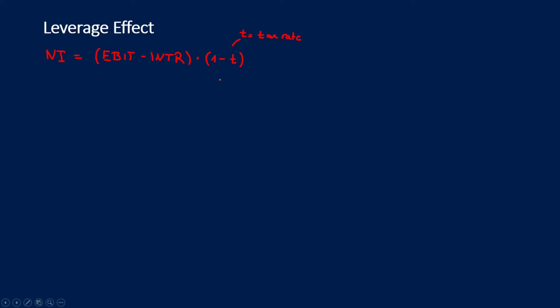Well, if we now divide both sides by equity, of course we will have the return on equity on the left side, since the return on equity is defined as net income divided by the equity.